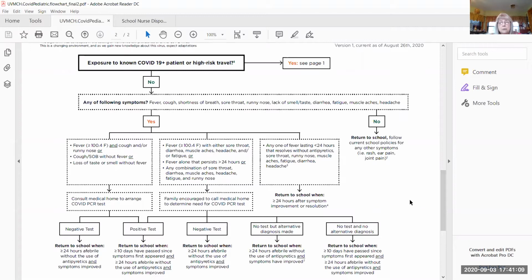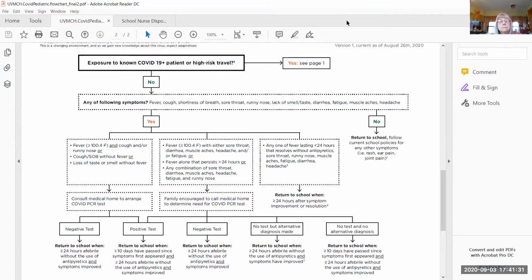At some point, we are going to need the providers to communicate back to the nurses. So one of the things we want to decide in this meeting is what ways we are going to share information.